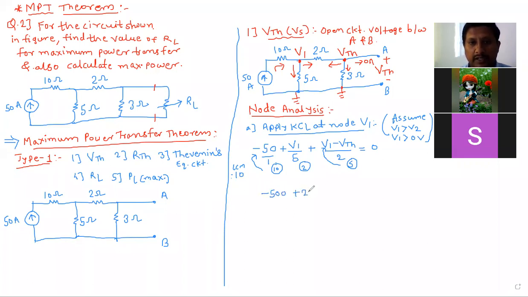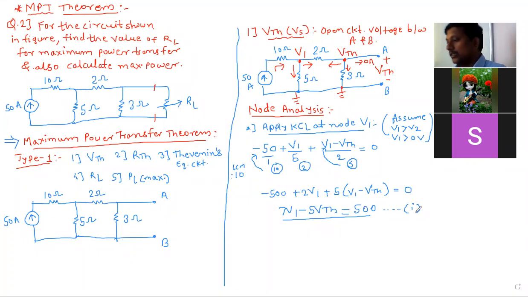Next plus 2 into V1. Next plus 5 into V1 minus VTH divided by 10. But right hand side is 0. That's why multiply with 0, it will give 0. So 5V1 plus 2V1, that is 7V1. Next minus 5 VTH, and minus 500 goes to the right hand side, becomes plus 500. So this I will take as equation number 1.